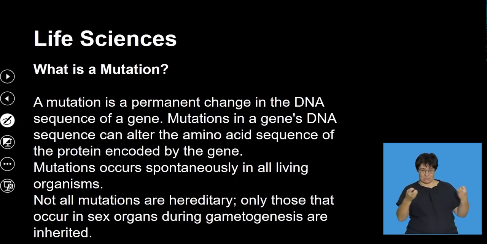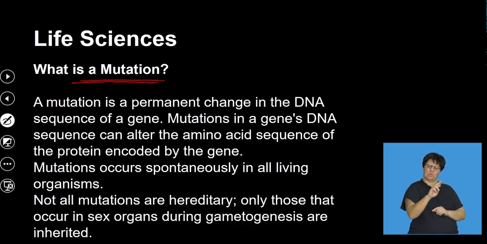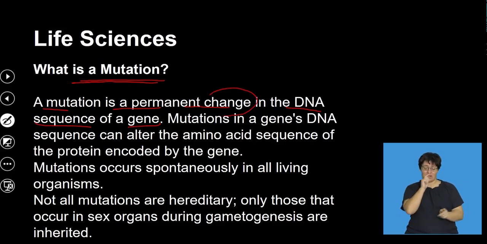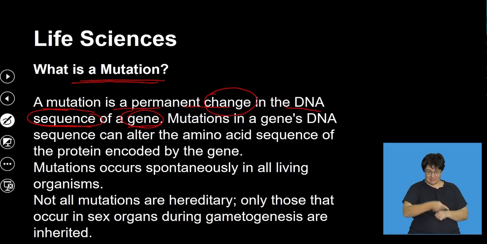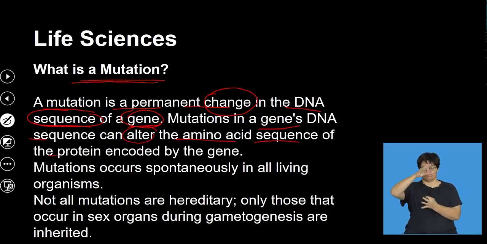Okay, so let's get straight into trying to understand what is a mutation. A mutation is a permanent change in the DNA sequence of a gene. Let's try and understand that again. So it is a change in the sequence of a gene. Mutations in a gene sequence can alter the amino acid sequence of the protein encoded by the gene.